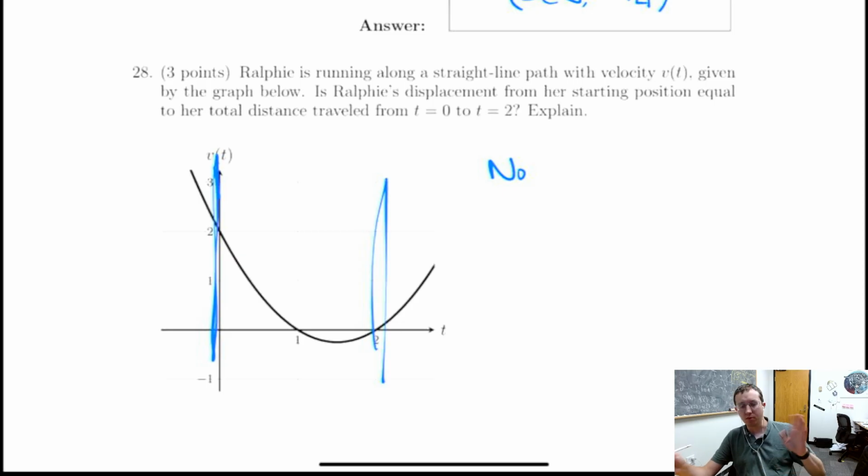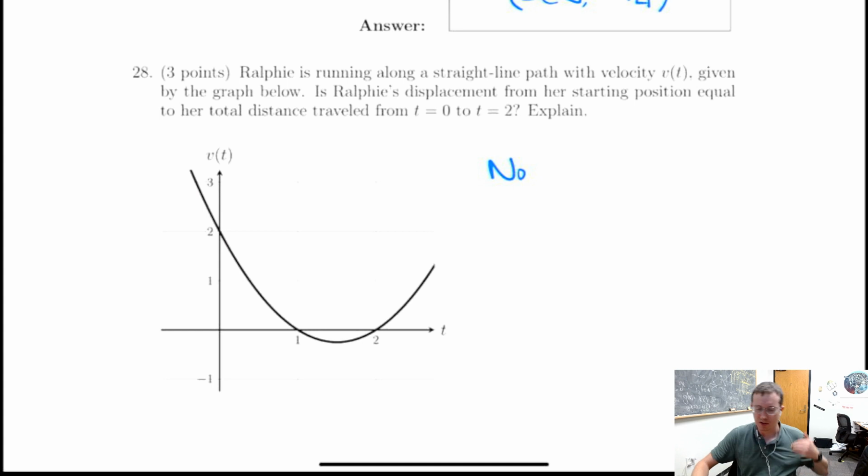Just to make up some numbers that are not correct for this problem, if she went 10 meters forward and then 5 meters back, her displacement would be 5 meters because she only ends up 5 meters away from where she started. But her distance traveled would be 15 meters, 10 forward plus 5 back.